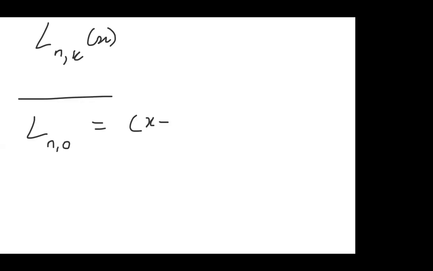Looking at the example we had, we got the linear factor x minus x1 and excluded the other factor x minus x0. We won't include this in the numerator. Then in the denominator, we evaluate this same x minus x1 at the point x0, which is why we are getting x0 minus x1, right?